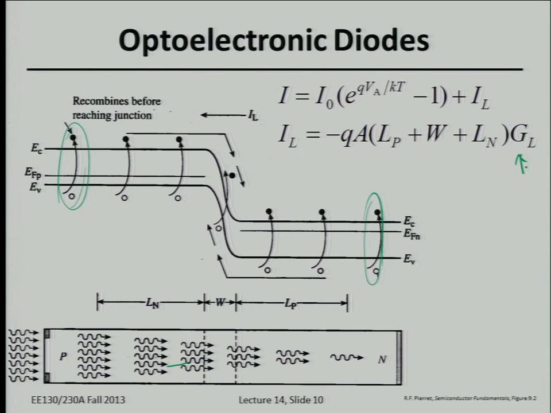This extra reverse current, notice it's reversed so it has a minus sign, due to light, is going to be proportional to the rate at which you're generating electron-hole pairs, and proportional to the volume in which you're collecting the generated minority carriers to be swept across the junction. So that's the cross-sectional area times the total length of the diffusion lengths and the width of the depletion region. Yes, Paroma.